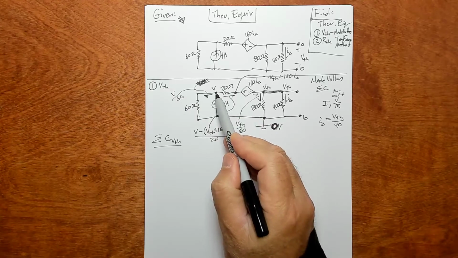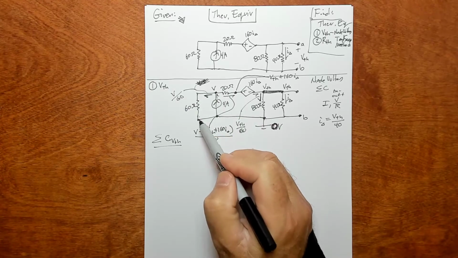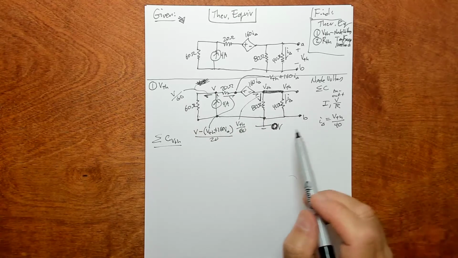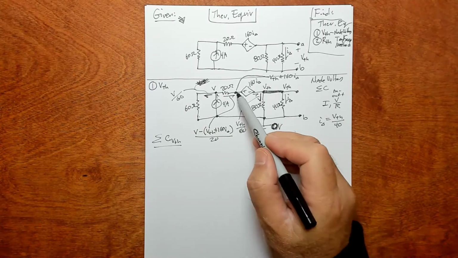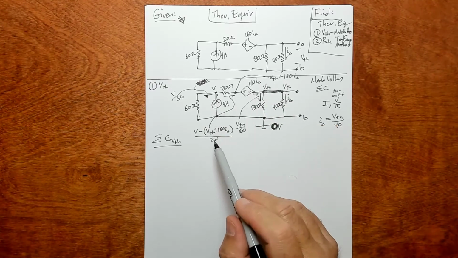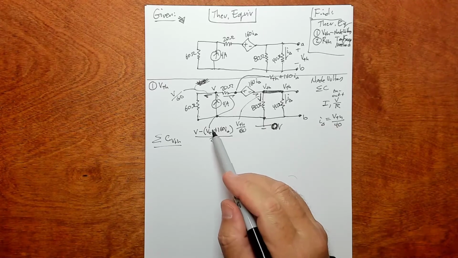It's V volts here and 0 volts here, and the resistance is 60, so it's V over 60. We've got expressions for all of these currents, and I can start writing node equations now.